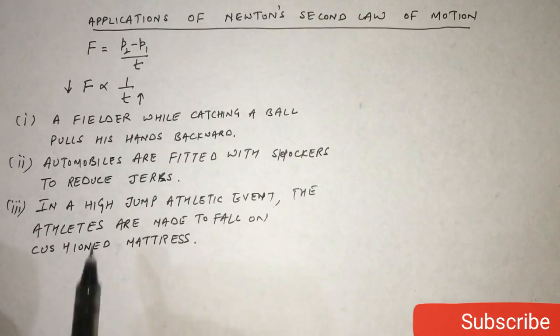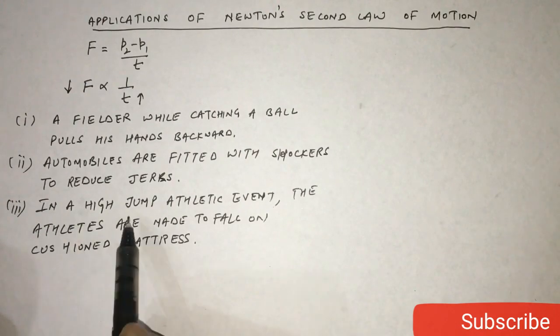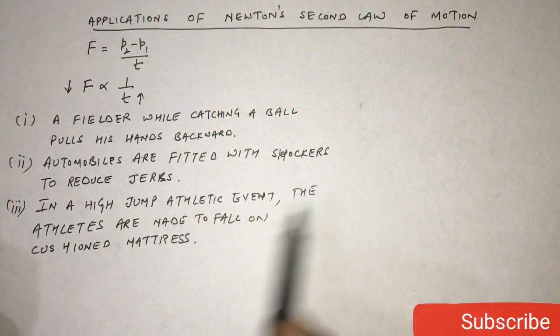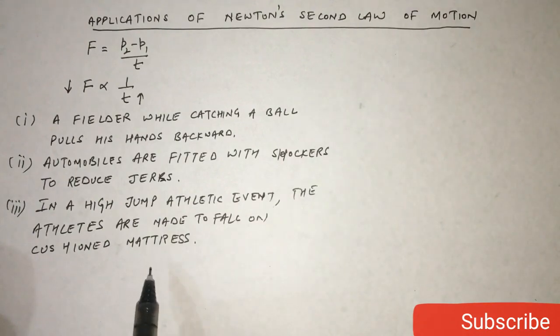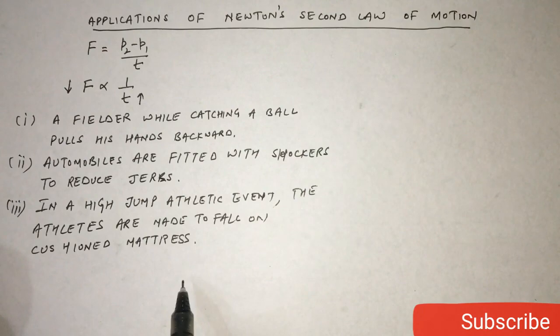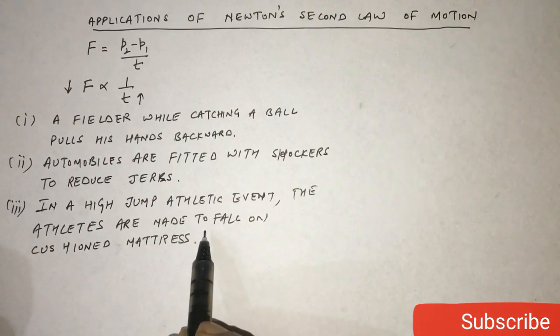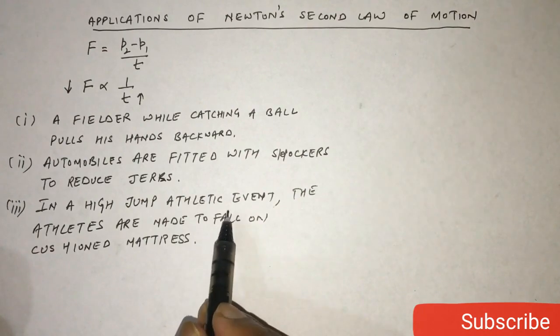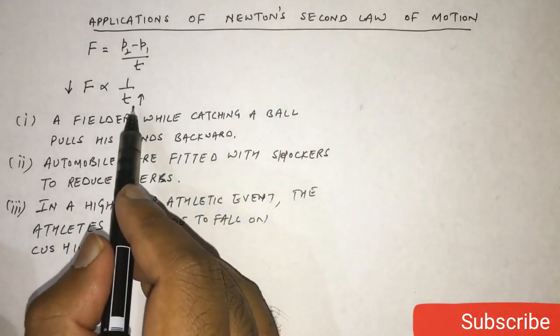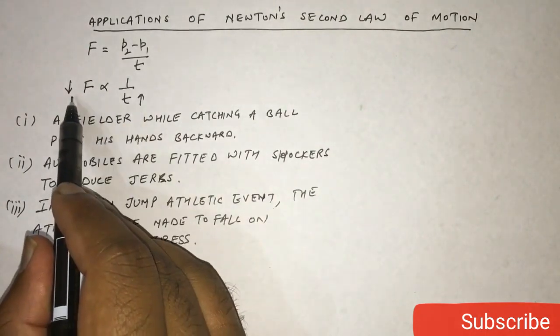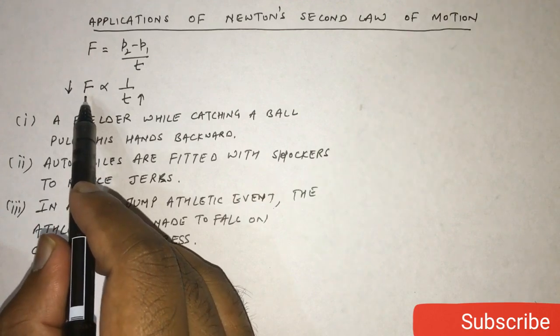So the third application is in a high jump athletic event, the athletes are made to fall on a cushioned mattress. When an athlete falls on the mattress after his high jump, the mattress is slowly pressed downwards, which increases the time of impact, hence the force decreases.